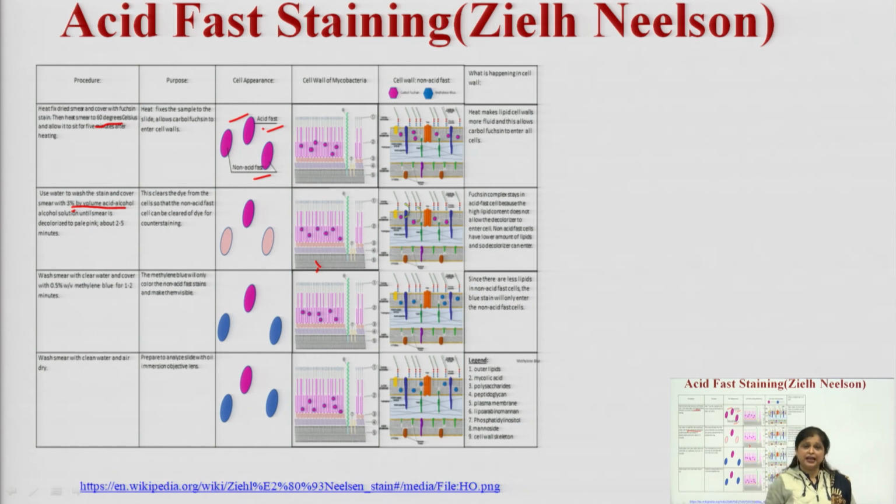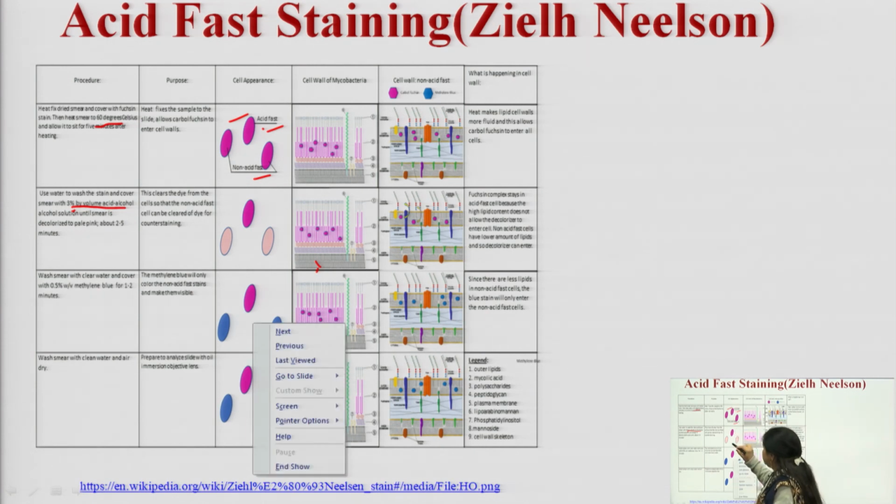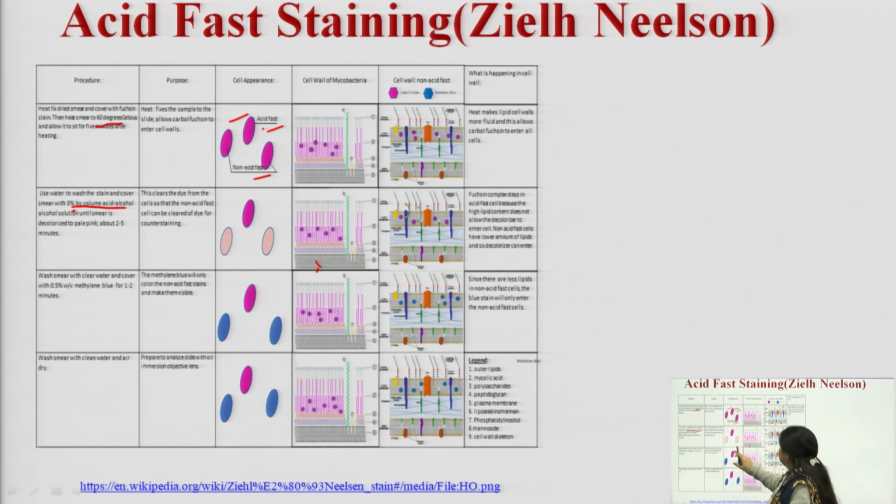3% acidic alcohol will be added to the slide in which we have added the bacterial suspension along with the primary reagent. We will wash it with the acidic alcohol. Now, what will happen? The stain will get removed from the non-acid fast bacteria, but it will be retained within the acid fast bacteria.